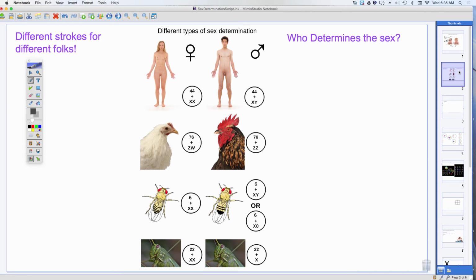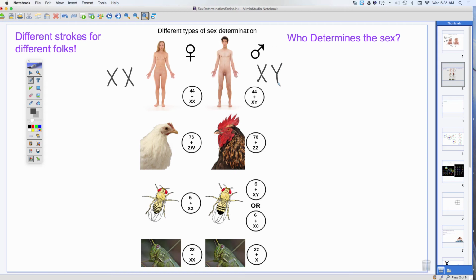So for instance, if you are a human female, we say that you have XX chromosomes, and if you are a human male, we say that you have XY chromosomes.